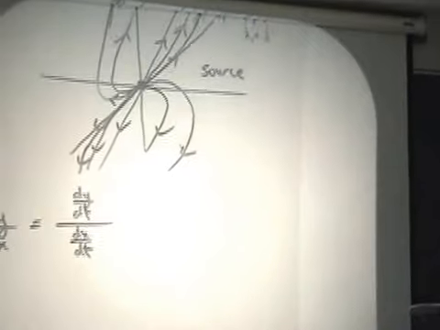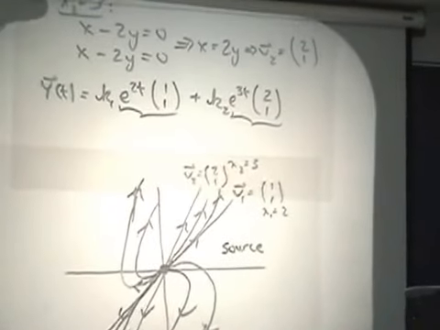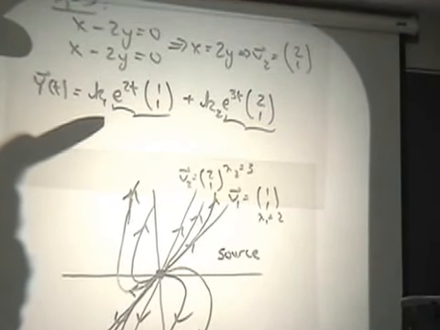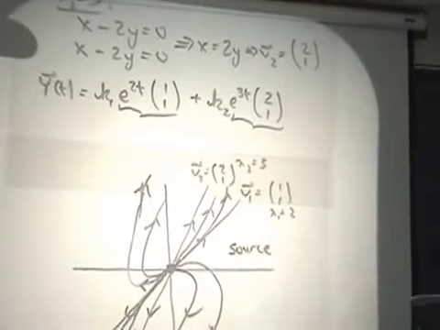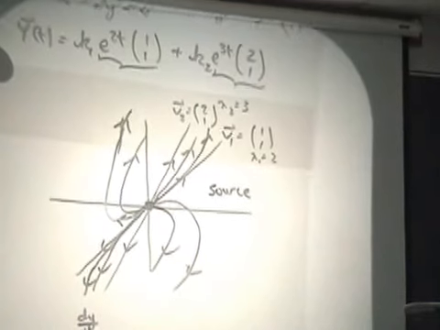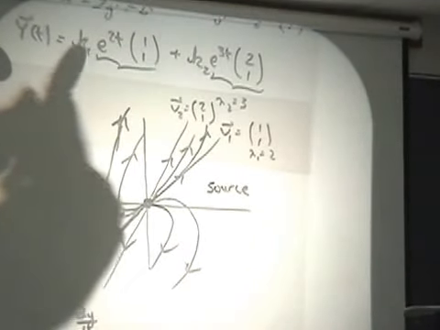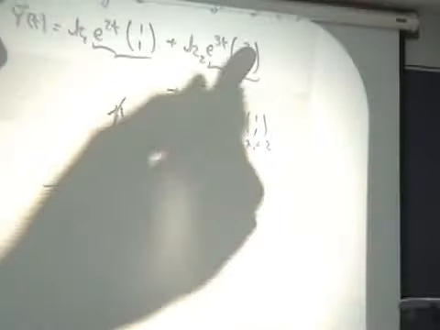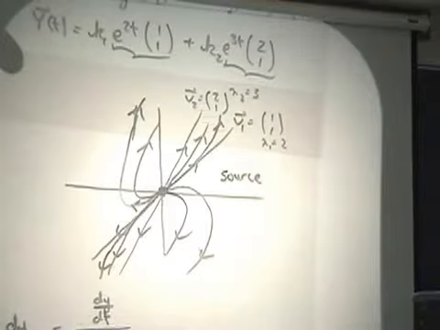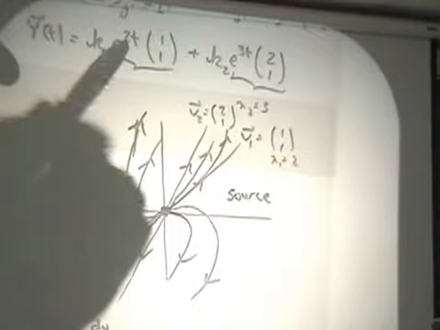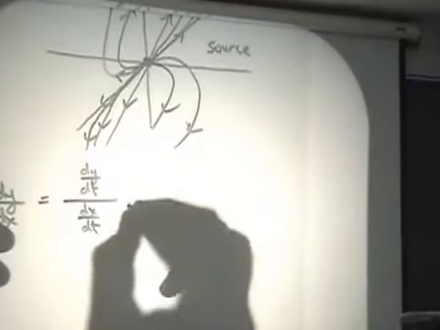So what I can do is I can take my general solution right here, write down x, little x and little y, the components, and differentiate those and see what I get. Let's again imagine k1 and k2 are fixed but non-zero constants. For x equals k1 e^(2t) plus 2k2 e^(3t), because of the 2 right there, the derivative of that I'm going to need the chain rule for because of the 2 there and the 3 there. If you do that, here's what you'll get.